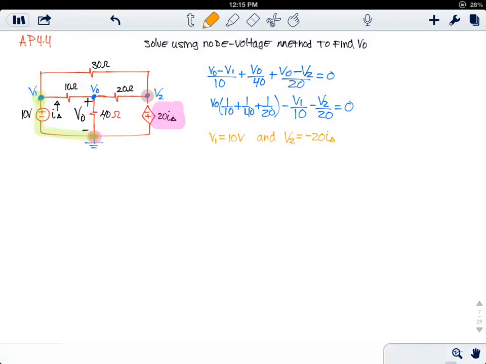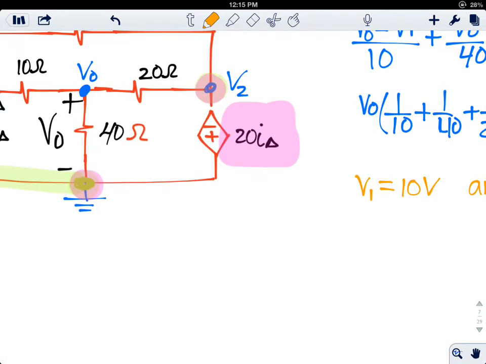Why negative? Because if you notice, V2 will be positive here, negative here. But that's the reference. This dependent voltage source says that it's negative in this direction and positive in this direction. So it's inverse.